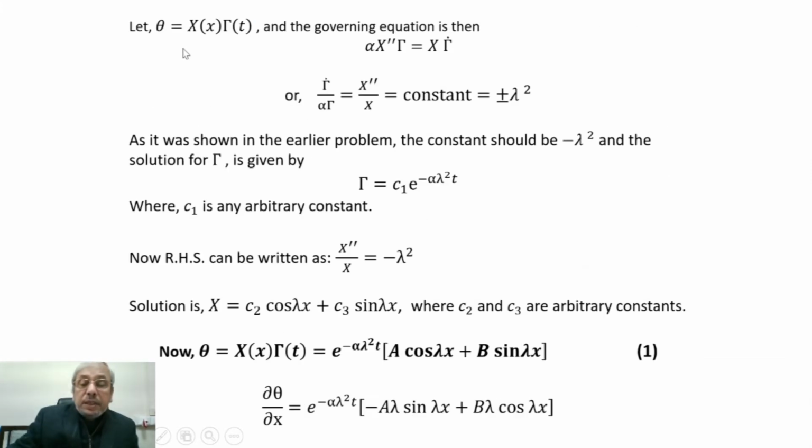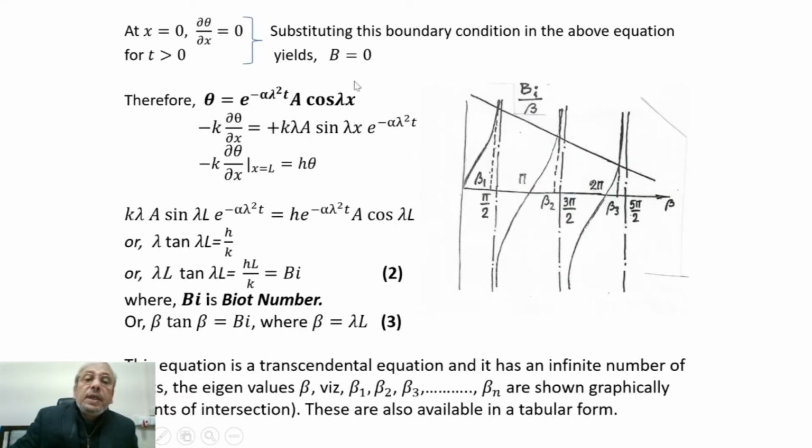For t greater than 0 the exponential is not getting affected, and at x equal to 0, ∂θ/∂x equals 0 gives us the obvious choice b equal to 0.